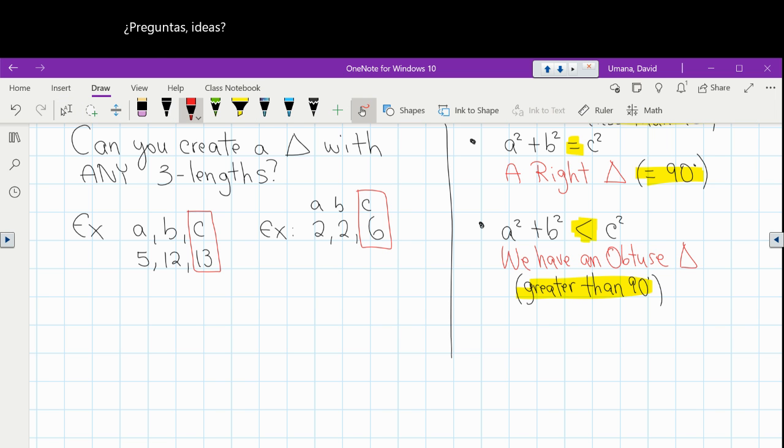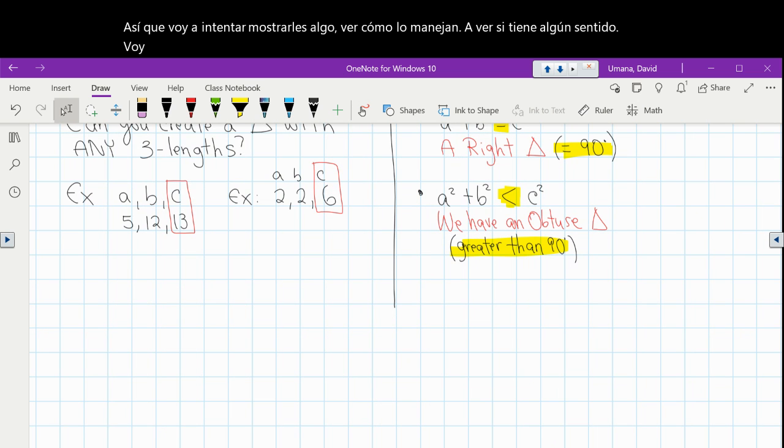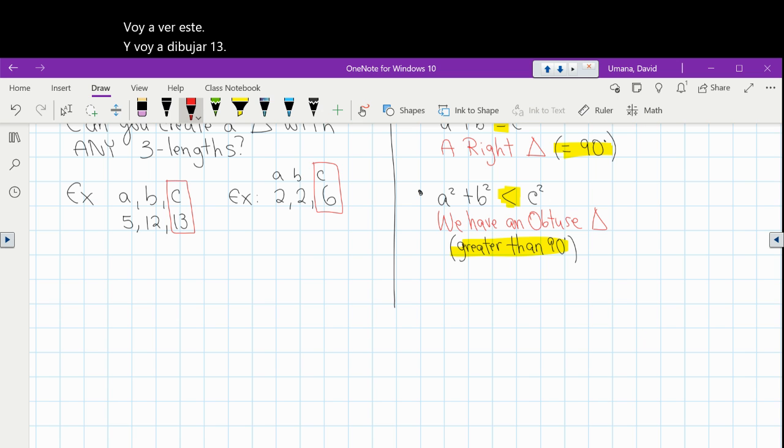So I'm going to attempt to show you something, see how you guys deal with it. Let's see if it makes some sense. I'm going to look at this one, and I'm going to draw 13. So I'm going to draw it like this. 1, 2, 3, 4, 5, 6, 7, 8, 9, 10, 11, 12, 13. And this is C equals 13. A is 5.